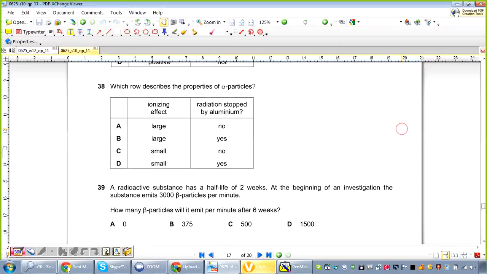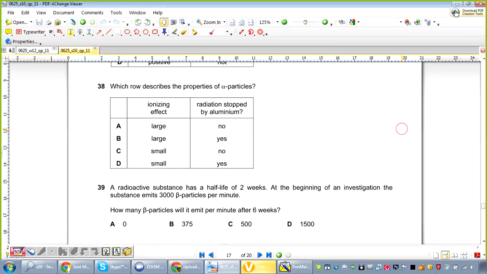The alpha particles can be stopped by sheets of paper. You mean to say aluminium will not stop it? Yeah, it won't stop it, right? Sheets of paper will stop alpha particles and aluminium will not be able to stop them.